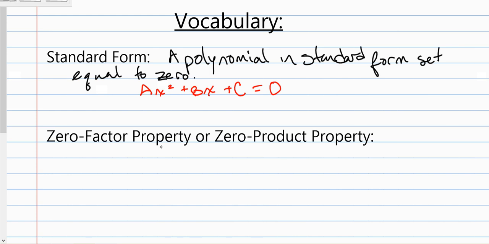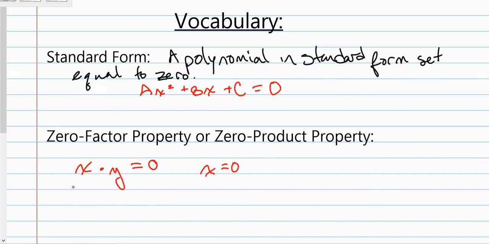And in order to use factoring to solve this type of polynomial set in standard form, we need to make use of something called the zero factor property or the zero product property. So if I had x times y equals 0, one of the ways this could be true is if x were to equal 0.